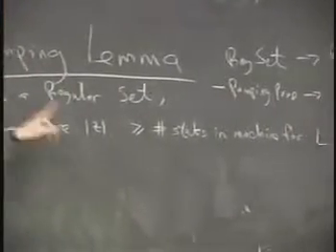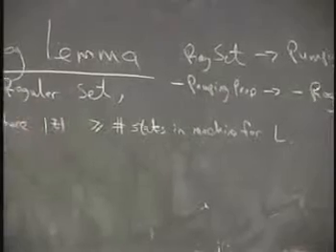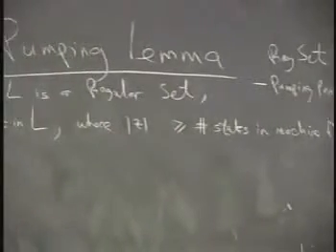For every string in L where it's long enough, where it's bigger than the number of states in the machine for L, what then? How do you continue?